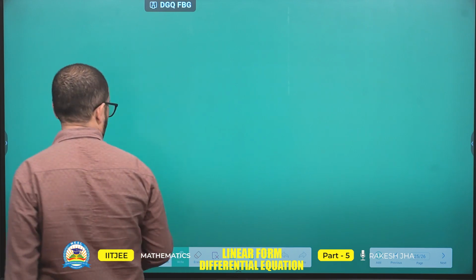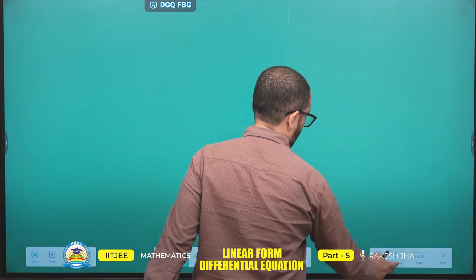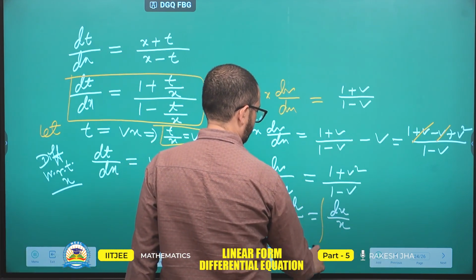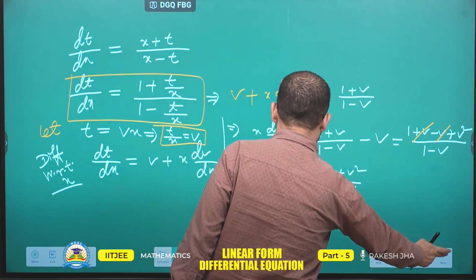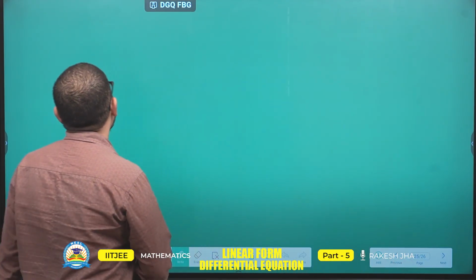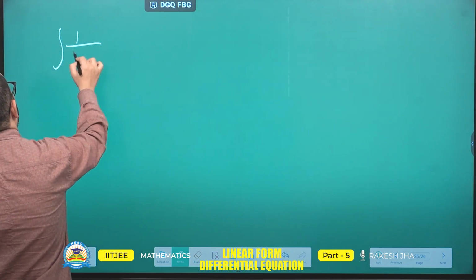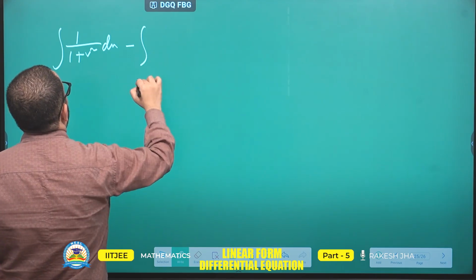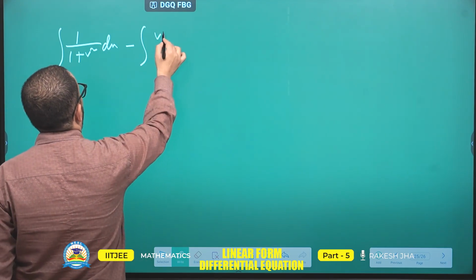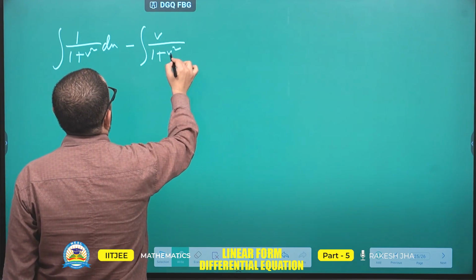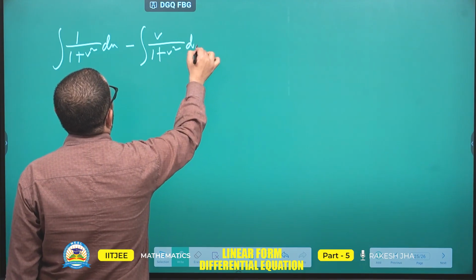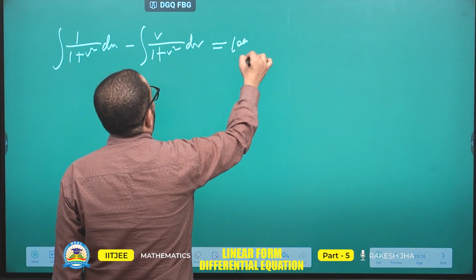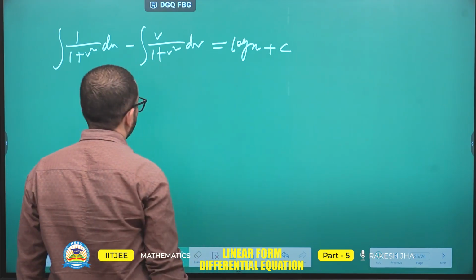We have to integrate it, and if you integrate it here, we can write here the integral of 1 upon (1 plus v square) dv minus v upon (1 plus v square) dv is equal to log x plus c.